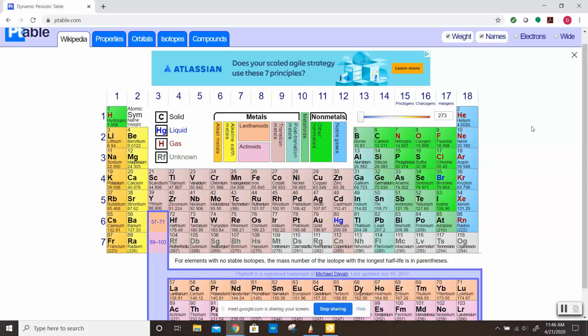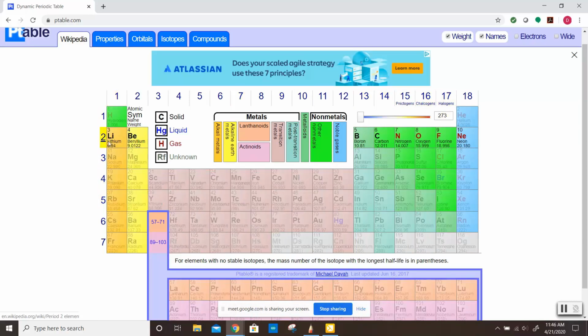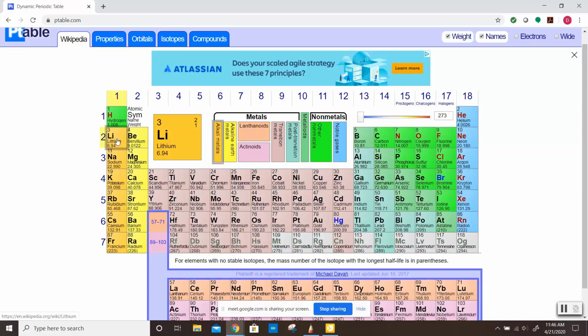Okay, so what you can see then is that fluorine, chlorine, bromine, iodine, they have a tendency to want to form up ionically with lithium, sodium, potassium, rubidium, right? While oxygen, sulfur, selenium, tellurium have a tendency to want to form up with beryllium, magnesium, calcium, strontium.